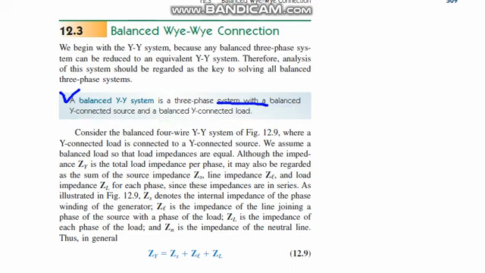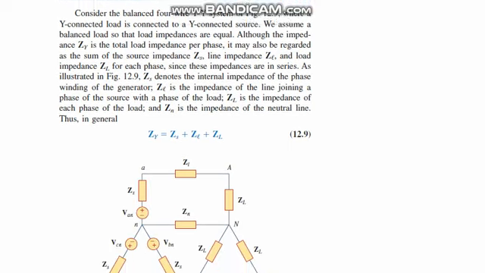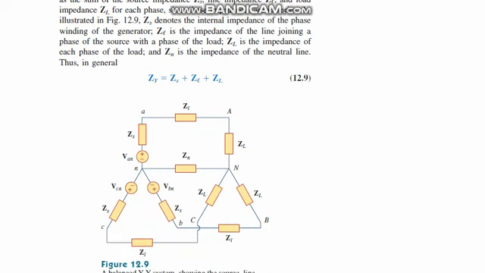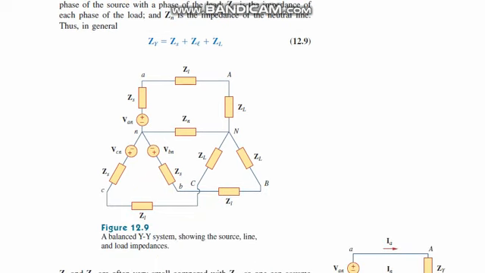Now you can see here the exact figure of a balanced YY system. As you can see, each and every phase has a source impedance. It can be given, it can't be given, that's not the fact.